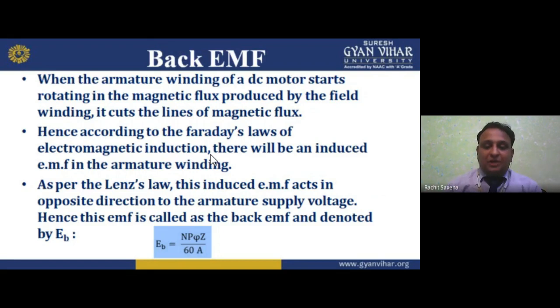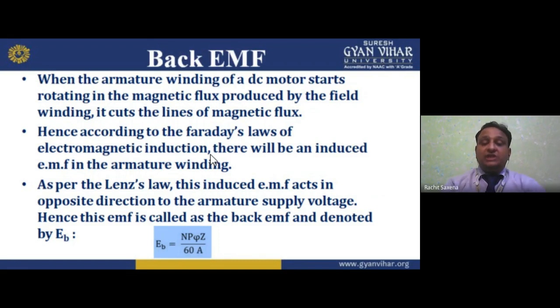If it is a closed path, then current will flow, and that current is also known as induced current. Here the flux lines are stationary, and when I rotate the armature, the conductor placed in it cuts the flux and induces an EMF in the armature winding. I hope you understand.